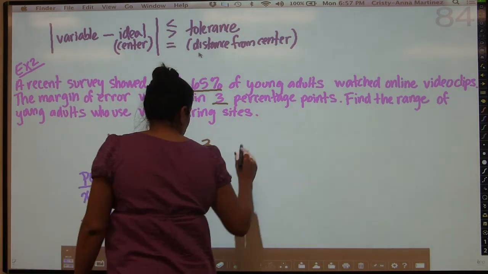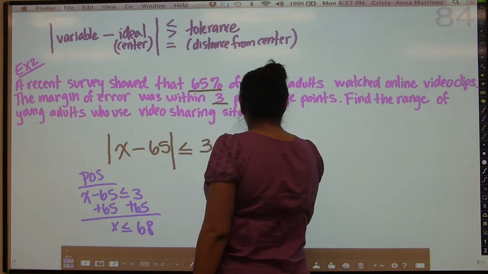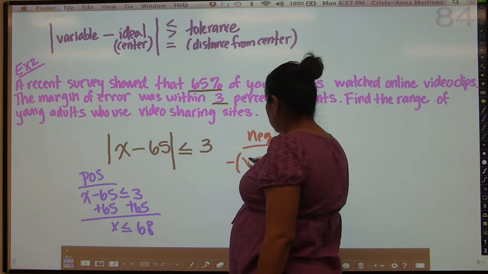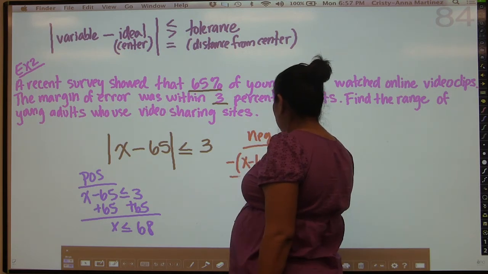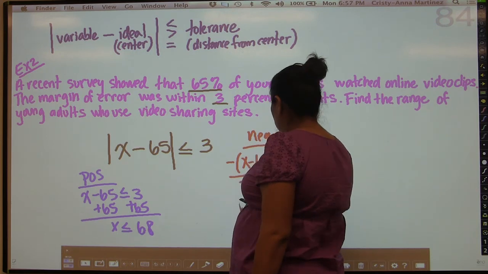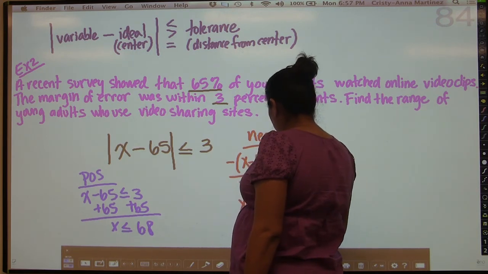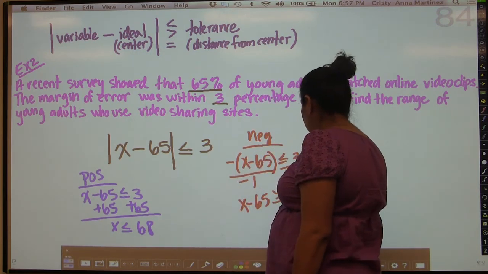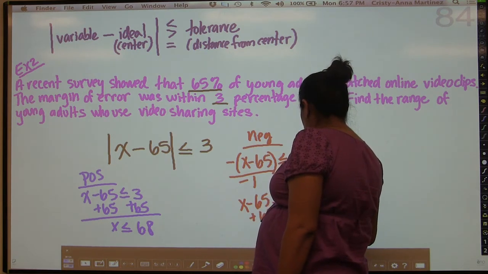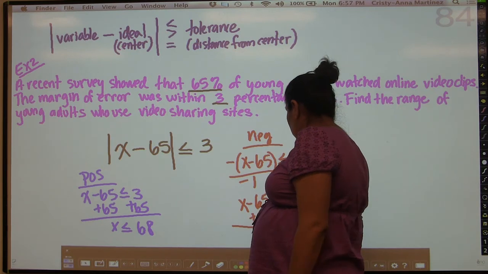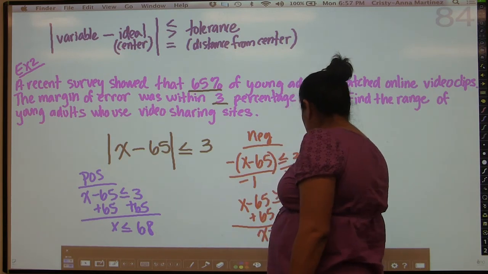In our negative case, we're going to do negative x minus 65 less than or equal to 3. We divide by negative 1. When you divide by a negative, we have to flip the symbol to a greater than, and now it's negative 3. We add 65, and x is greater than or equal to 62.